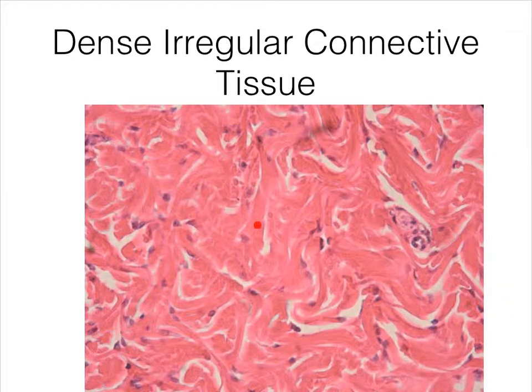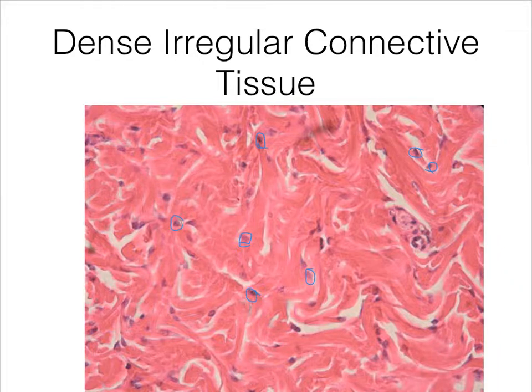Some of them will be longitudinal, but you're still going to see mostly collagen fibers, and the nuclei of the cells, which should be fairly visible, will be just sort of interspersed, not very dense.